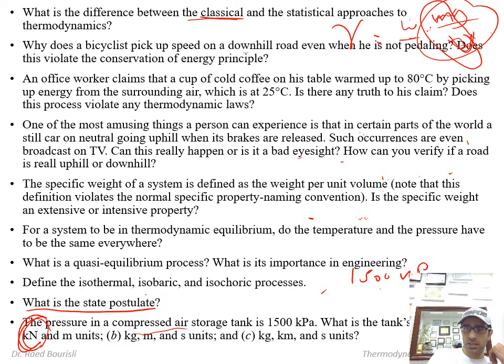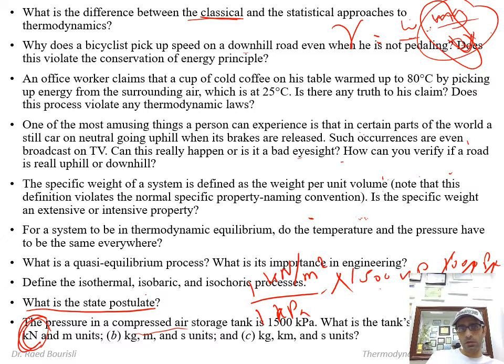Let's take 1 kilopascal is 1000 pascal if you want, but there's no need. So 1 kilopascal is 1 kilonewton per meter square. So I'll just say 1500 kilopascal is 1500 kilonewton per meter square.